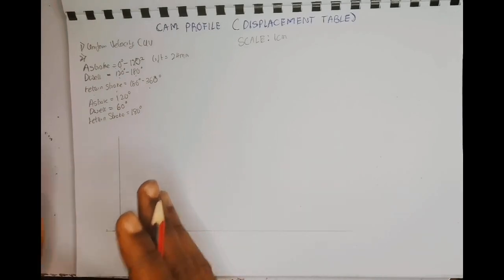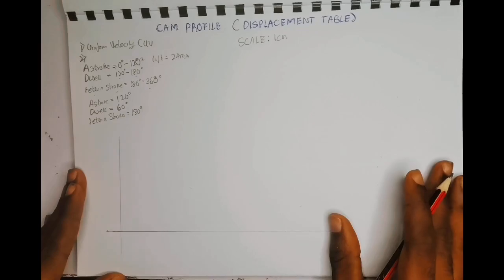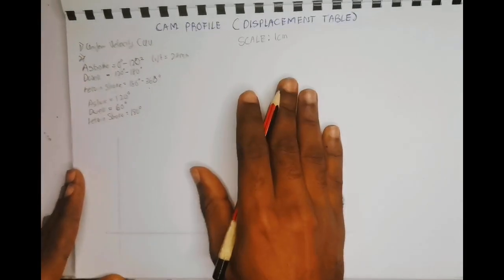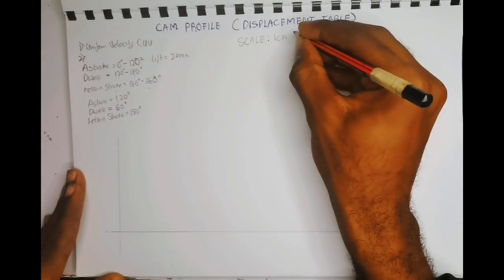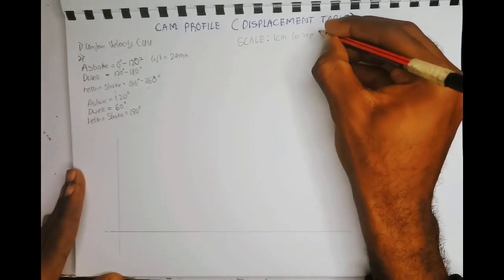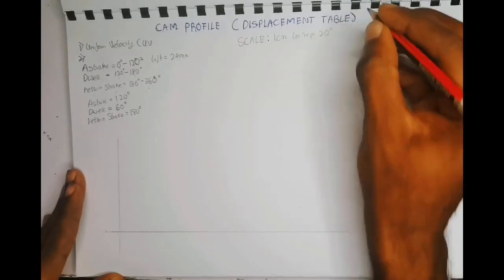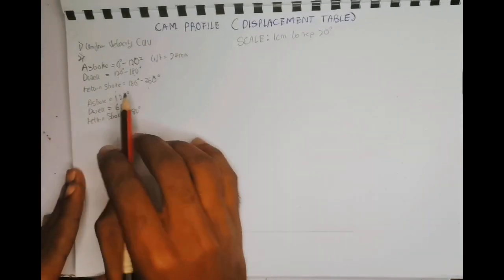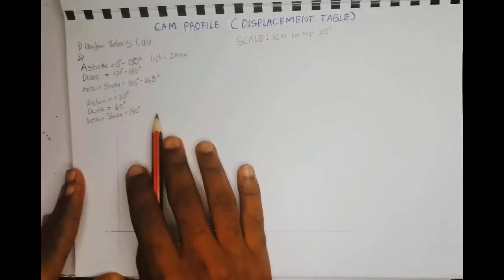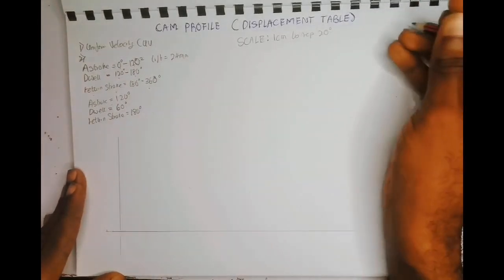Let the scale be a factor of these parameters. We'll be using 1 centimeter to represent 20 degrees. That is, each of these parameters can be divided by 20 degrees and get a whole number.